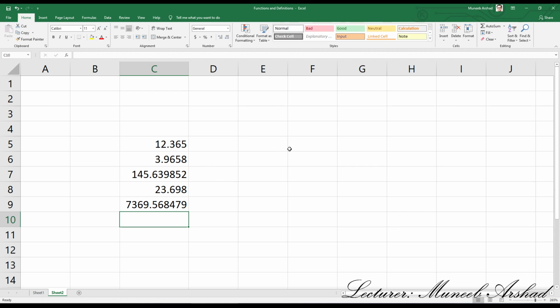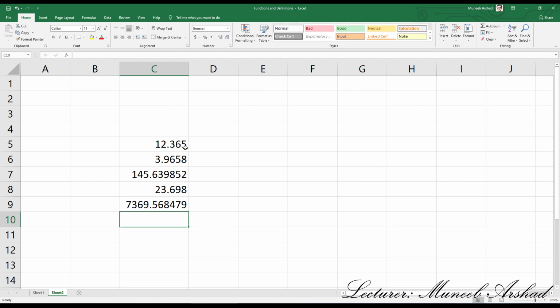So in Excel, if you are to consider only the whole number from this given fractional number, let's say if I consider the first number, which is 12.365, so the whole number part is actually only 12, and the fractional part is 0.365.